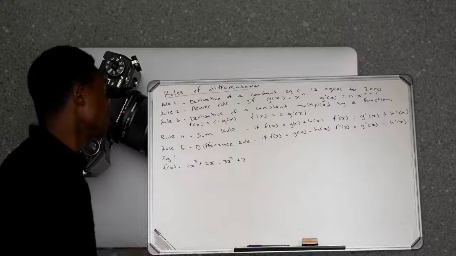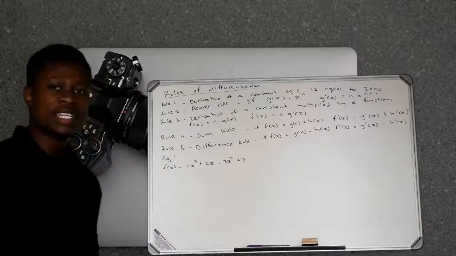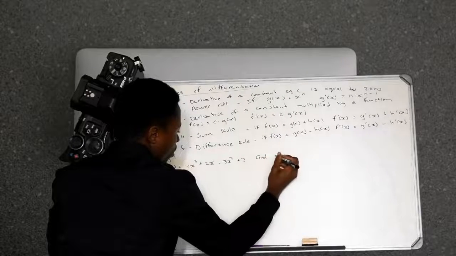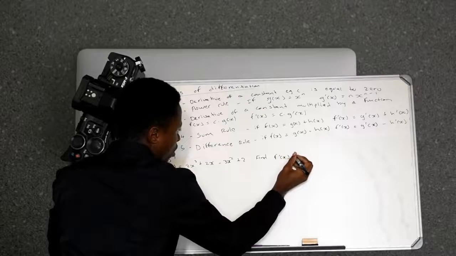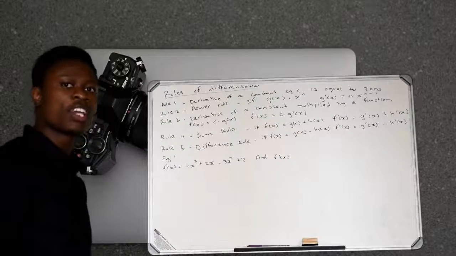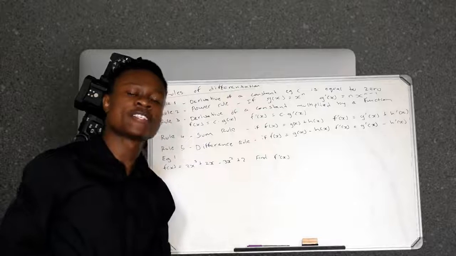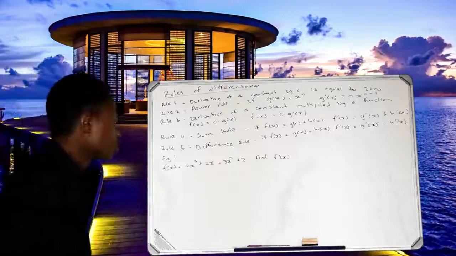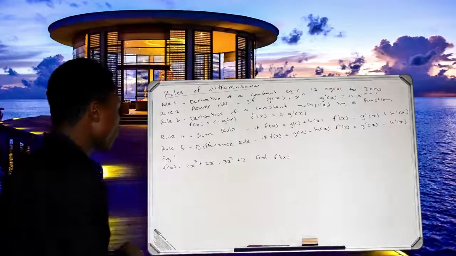So this is my equation. And the question says find f prime of x. What is f prime of x? F prime of x is the derivative of the function f of x. So let's do that. Let's find what f prime of x is.